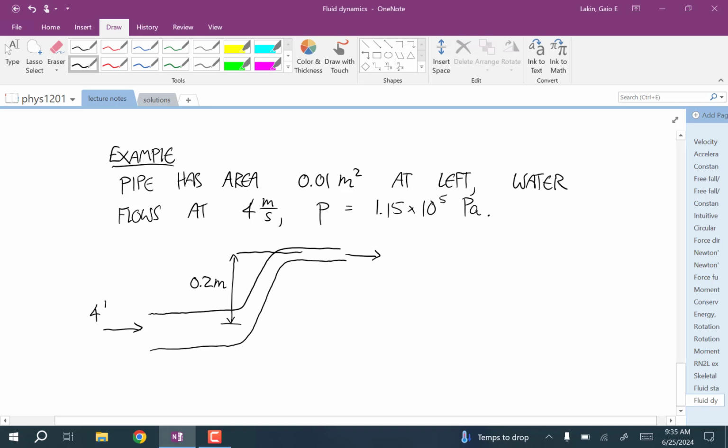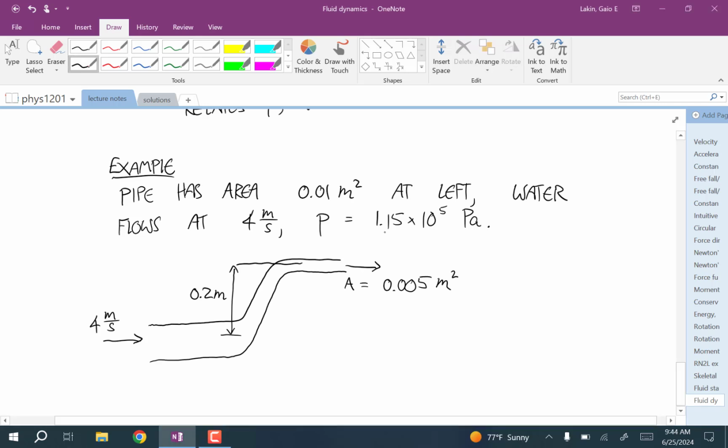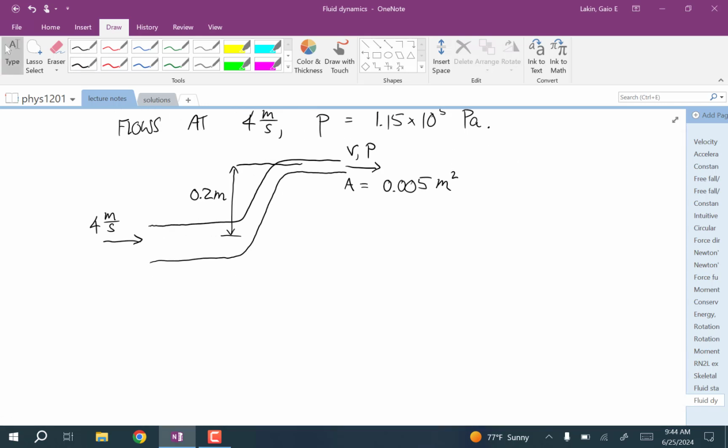Here we know that the area, the cross-sectional area, is 0.005 meters squared. And we want to calculate the fluid speed and the fluid pressure at the right end of this pipe. So that's our goal. What are that fluid speed V and the fluid pressure P at the right end?